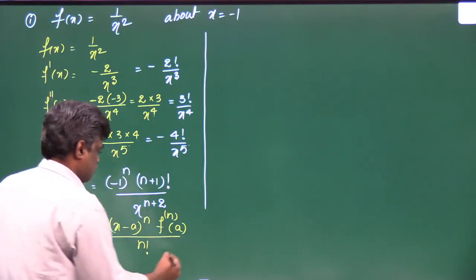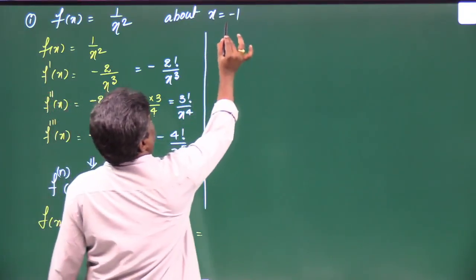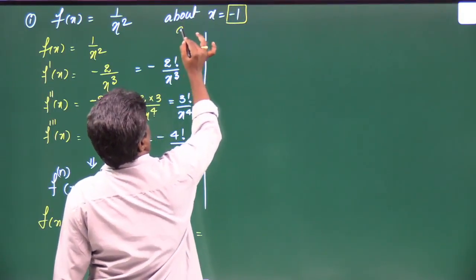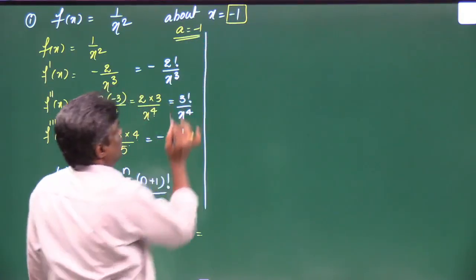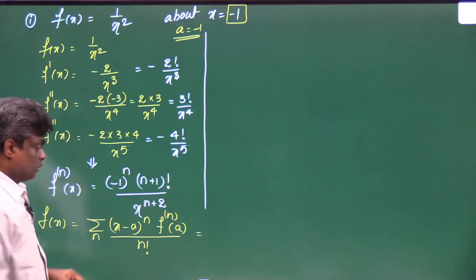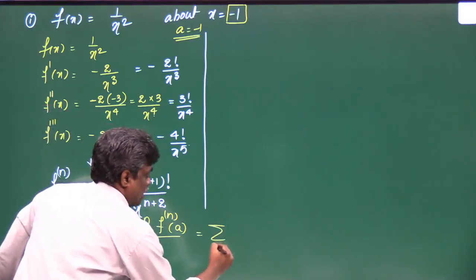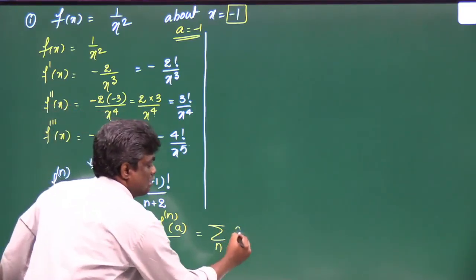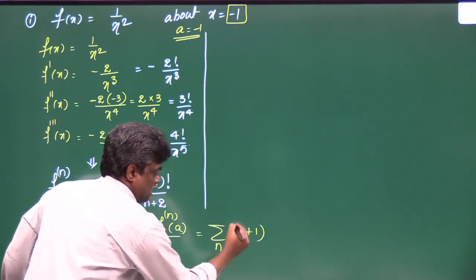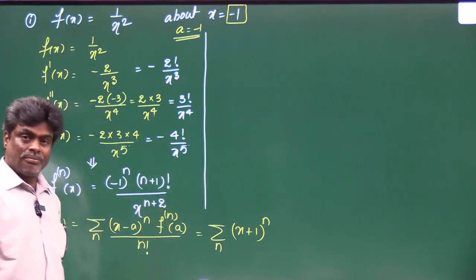Just substitute. Your a is what? Minus 1. Here your a is minus 1. So we get summation of x minus of minus 1, that is x plus 1, whole power n.